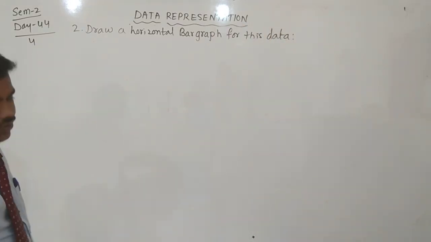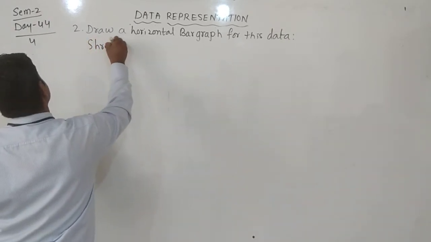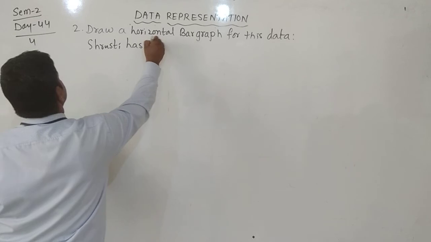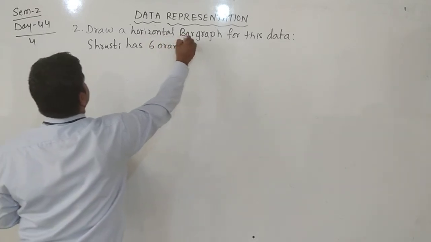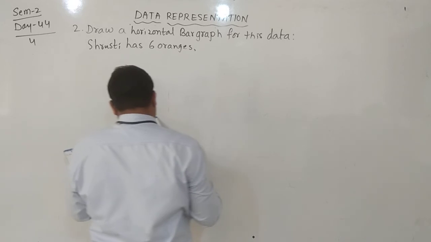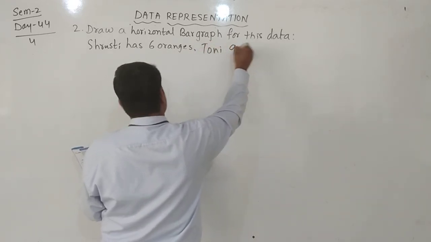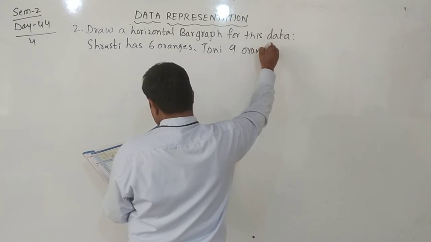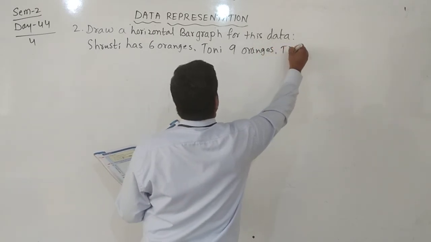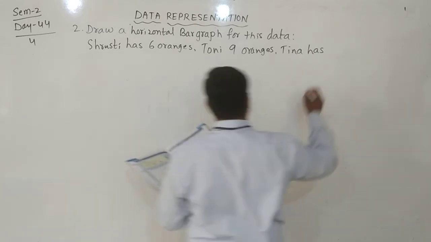Srushti has 6 oranges. Next, Tony has 9 oranges, and Tina has 7 oranges.